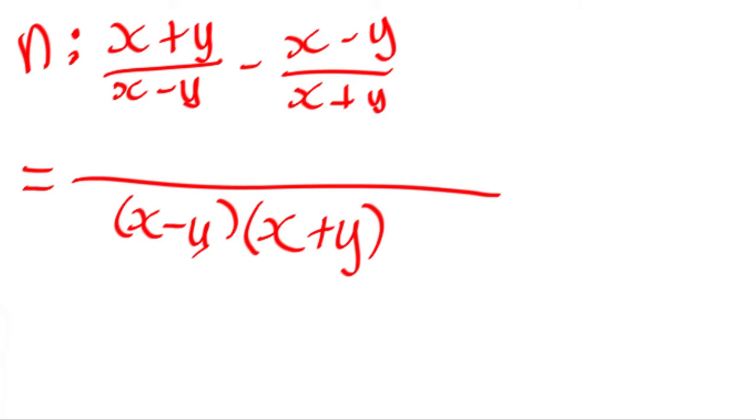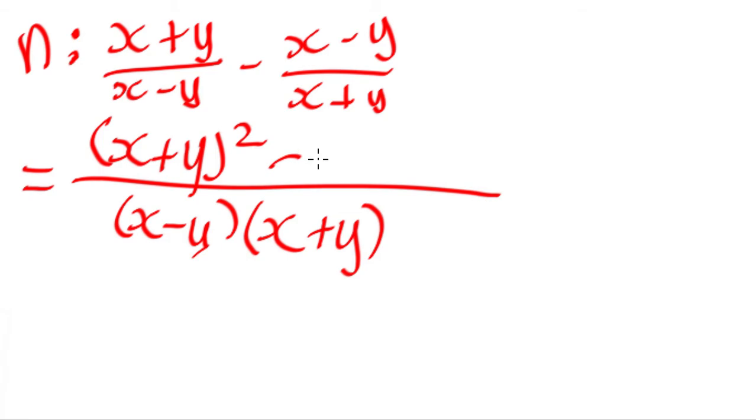That will give us, in the first part of the numerator, x plus y squared. Or if you want, x plus y times x plus y, but to save space, let's put it squared.